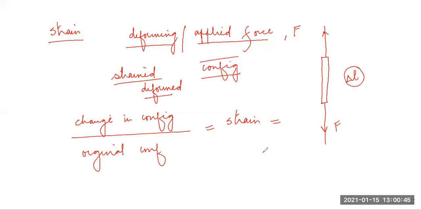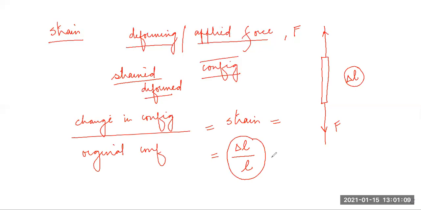So students, change in configuration in this case, not the changed configuration, it is change in configuration, was delta L divided by the original configuration. Original configuration was L, is known as strain.